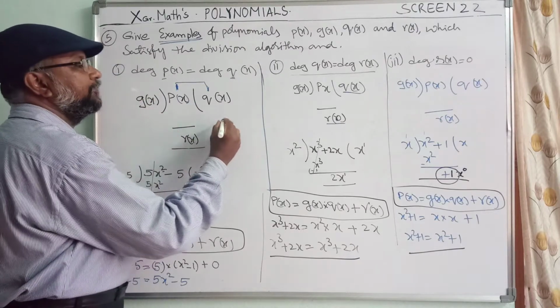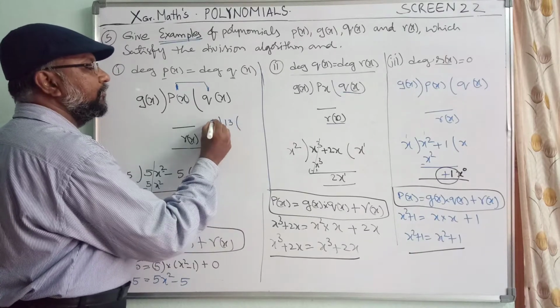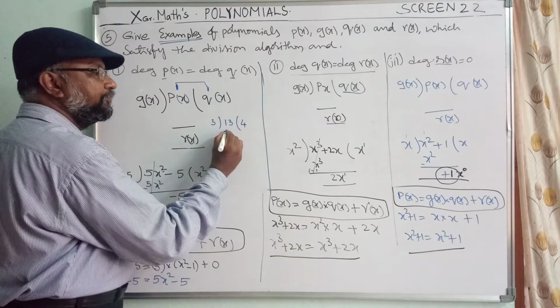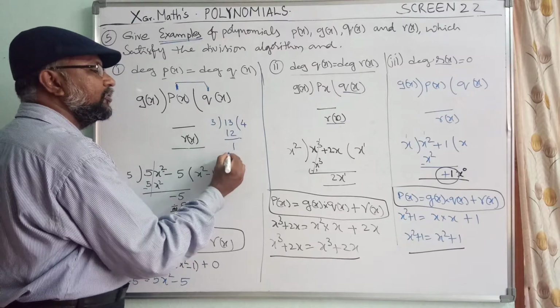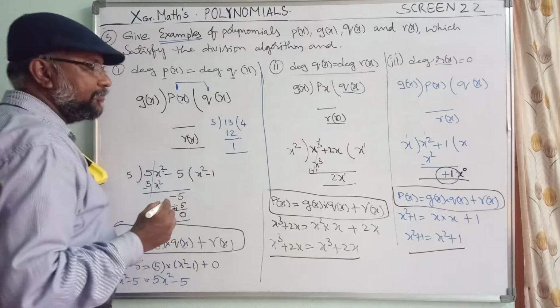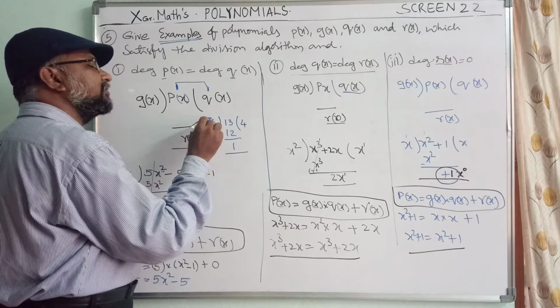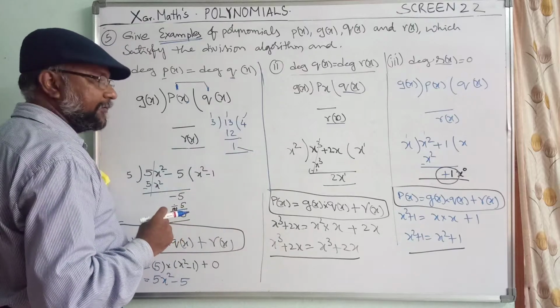In general, if you take 13, if you divide with 3, it will cancel 4 times, that is 12, and when you subtract you will get 1 as a remainder. So here 4 parts are there.